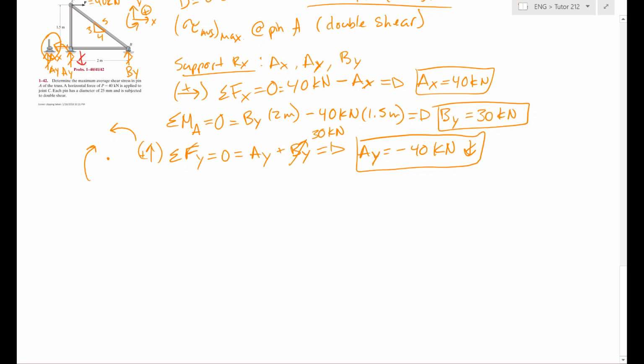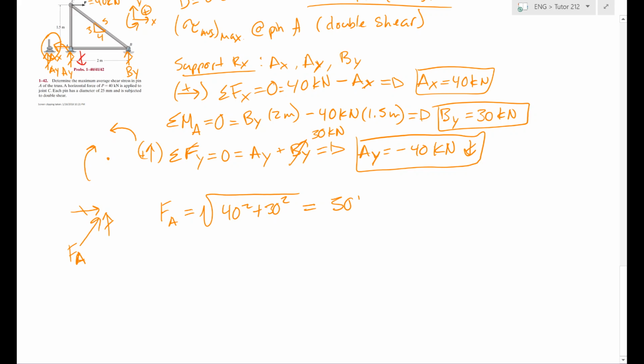And what we're doing, let's draw it like this, we're just going to find their resultant force, F of A. This is just simple vector math, simple triangle math.